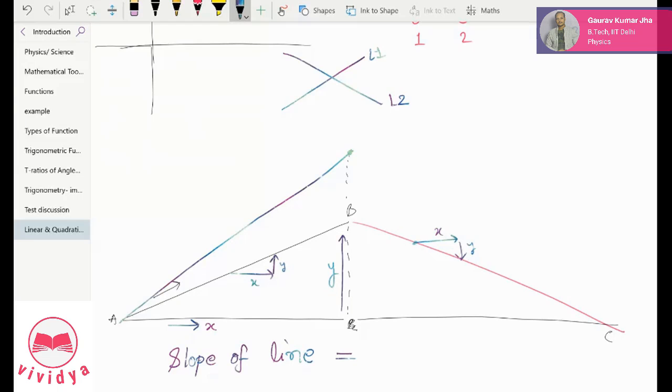It has more height basically. So what is the difference between line 1 and line 2?